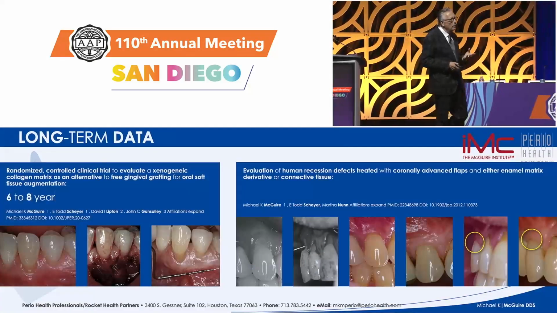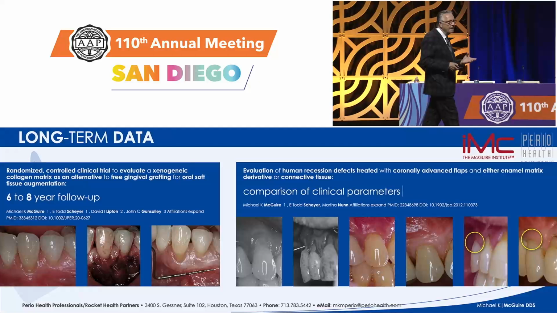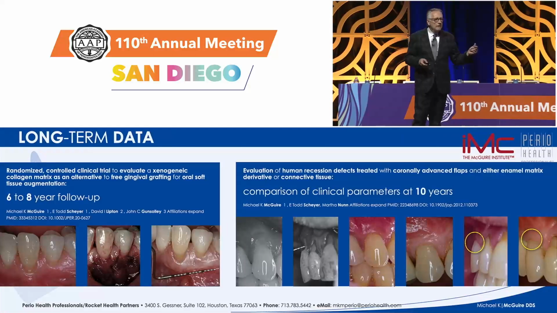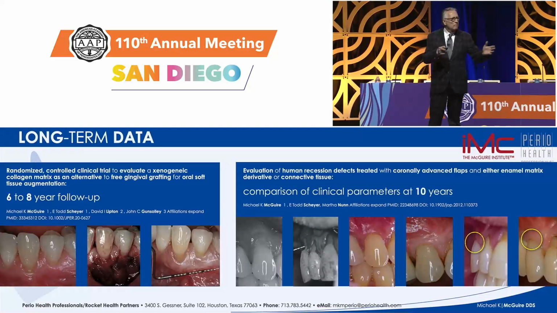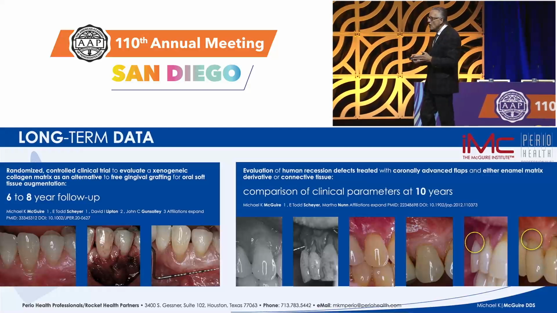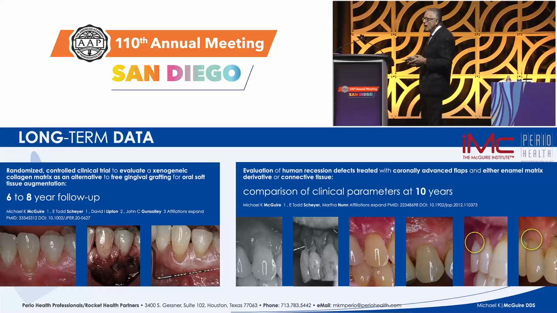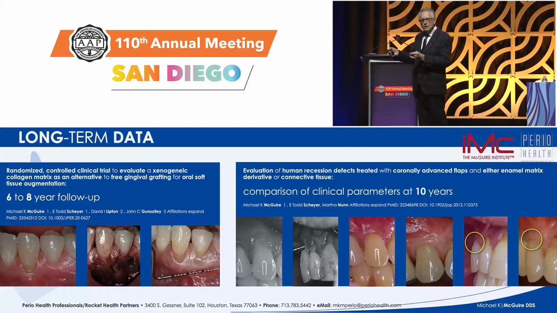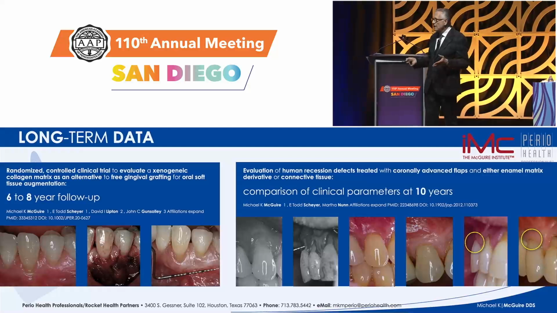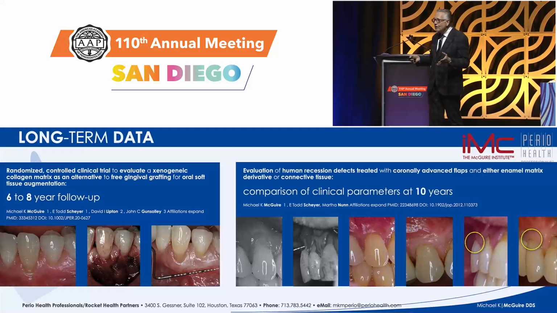In addition to that, practice-based research allows us to provide long-term data. You've seen cases this morning with Pat and Giovanni where they're showing long-term. We want to see long-term data. You know, we're looking for alternatives to the gold standard, and these gold standards have been around for decades and decades, 20 to 50 years, depending on what you're looking at. I'm very hesitant to suggest an alternative that I don't know how long it's going to last.